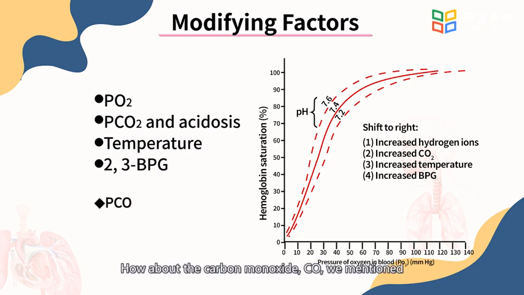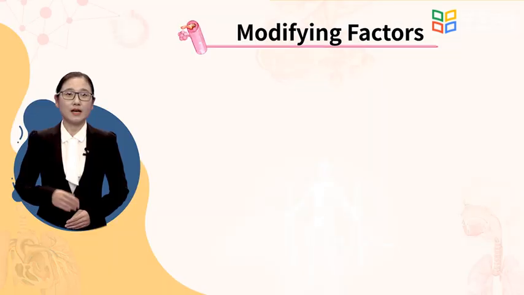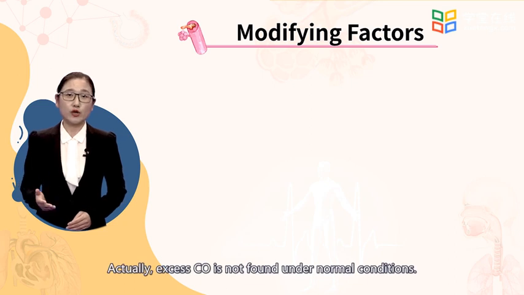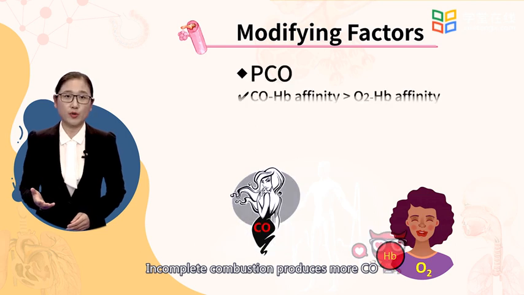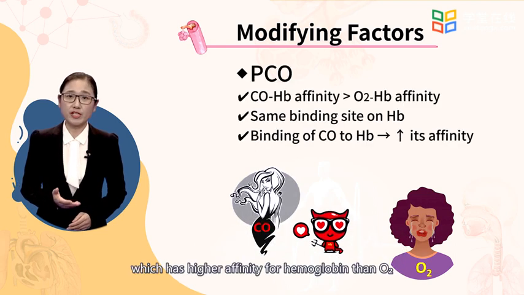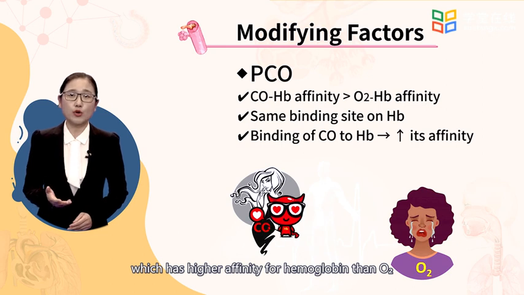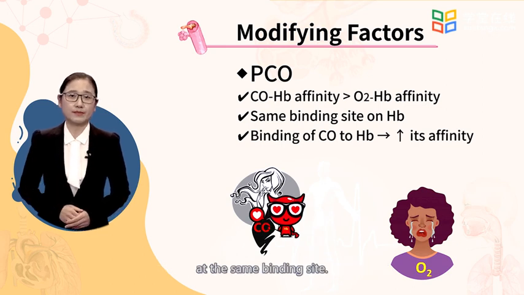How about carbon monoxide, CO, we mentioned at the beginning? Actually, excess CO is not found under normal conditions. Incomplete combustion produces more CO, which has higher affinity for hemoglobin than O2 at the same binding site.